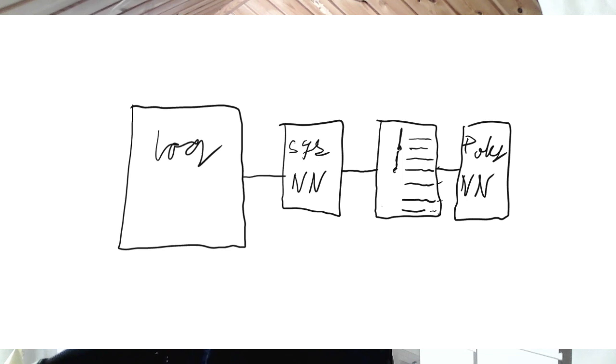Then I will have all these state points starting from some low value to high value, and I will use all those states, the commands I use for those states, as ground truth to train another neural network, which would be the policy neural network.